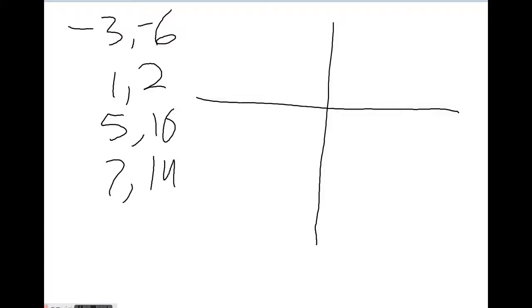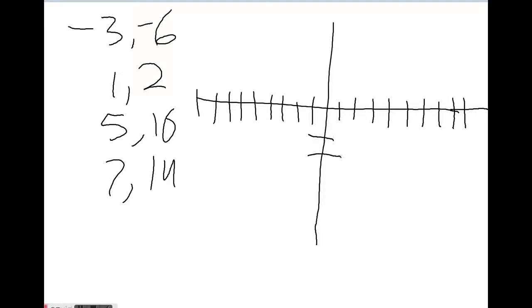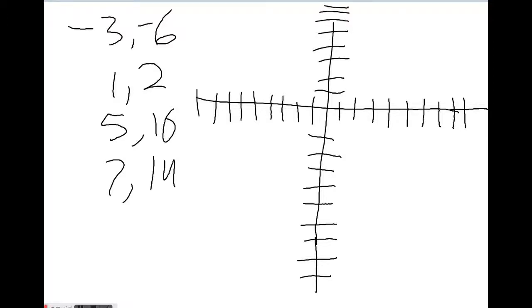I guess I'll number the axis up to 9 and keep going. Oh, I can't go any higher. So the first one is (-3, -6).